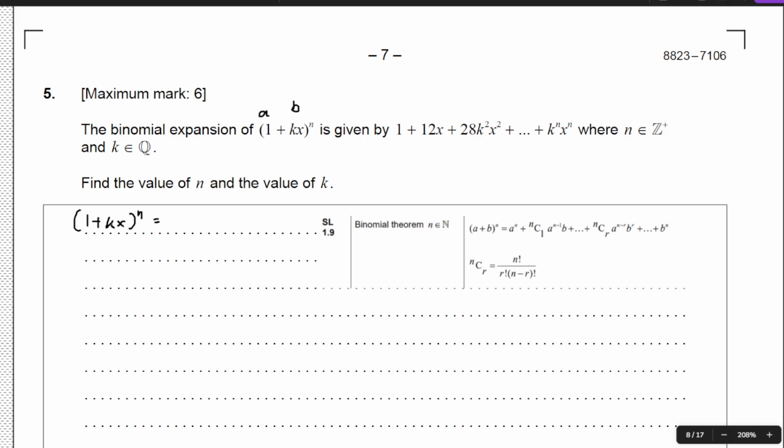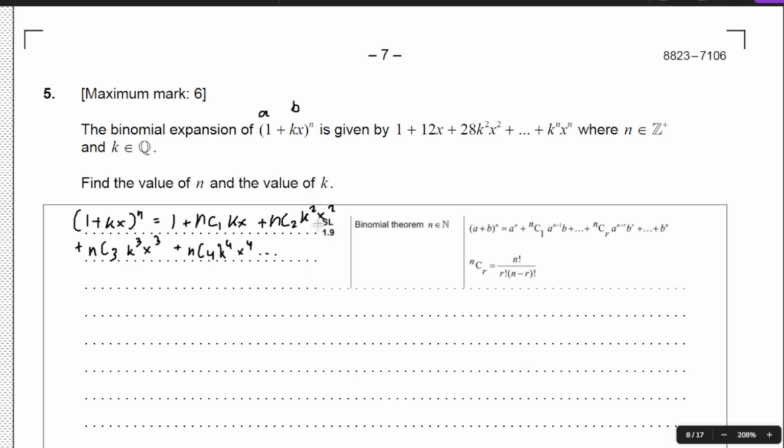So that's why the a to the power n, which is the highest power of n here, would still be 1, plus nC1 kx plus nC2 k²x² plus nC3 k³x³ plus nC4 k⁴x⁴ and so on and so forth.